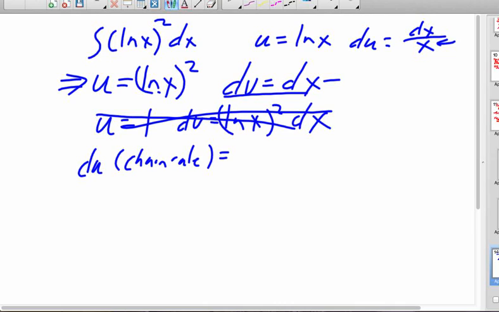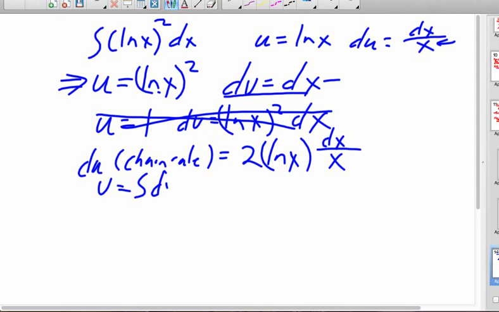So it's going to be 2 ln of x times the derivative of ln of x, which is dx over x. Okay? And v then is going to be the integral of dx, which is x. So now we come in and we plug everything in.